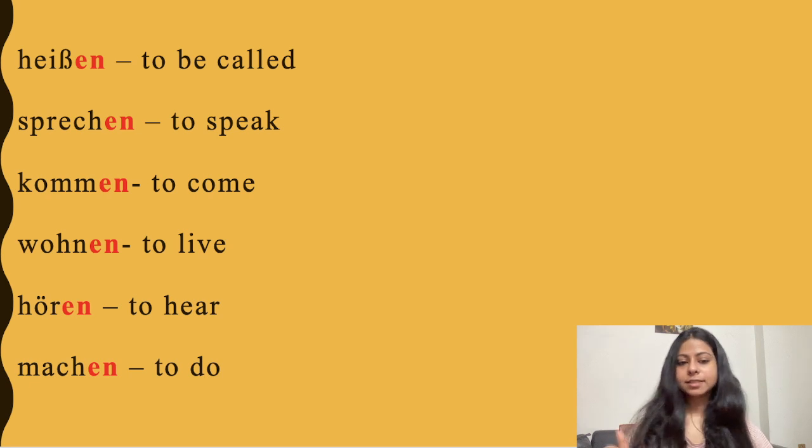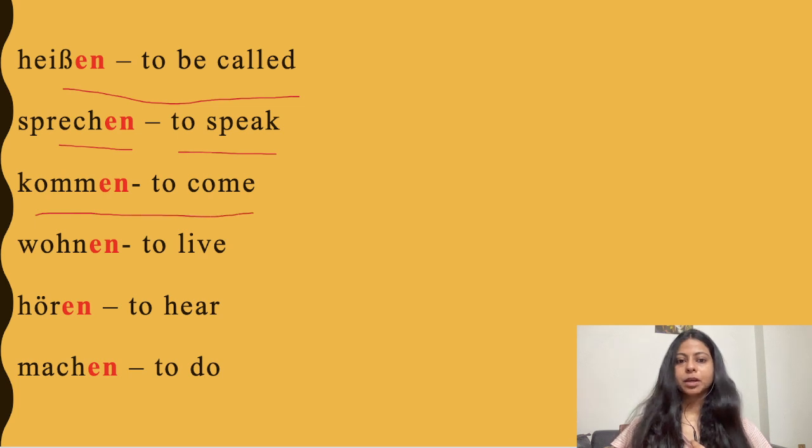Now let's look at some more verbs in infinitive form. You know them, you must have heard them in some or the other videos, and the best way to remember a verb is to remember its infinitive form. So let's say heißen is to be called, sprechen is to speak, kommen is to come, wohnen is to live, hören is to hear, machen is to do.